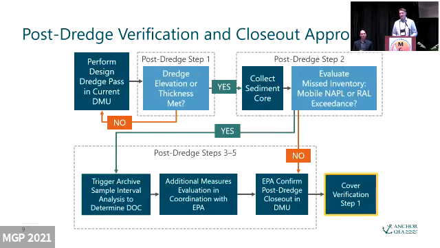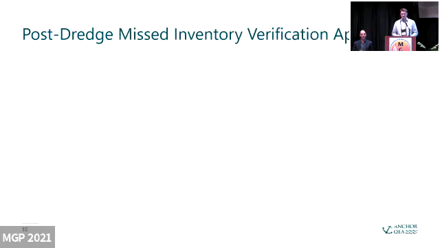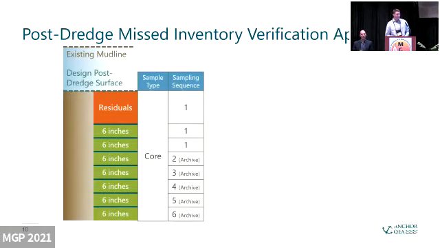So before we get into the cover verification step, I'll walk you through what that post-dredge confirmation sampling program will look like on the next slide. There's a lot happening here, so I'll try to walk you through it. So you can see we're in the post-dredge condition. We've got our existing mud line, and now we've done the dredging work.